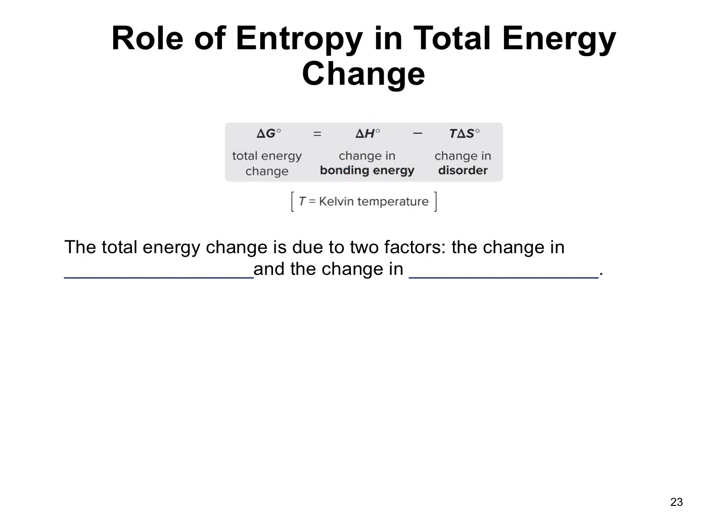So the total energy change that we see is really due to two factors: the change in bonding energy and the change in disorder. And when we talk about that bonding energy, that's really calculated from our bond dissociation energy, so that's that enthalpy value there.